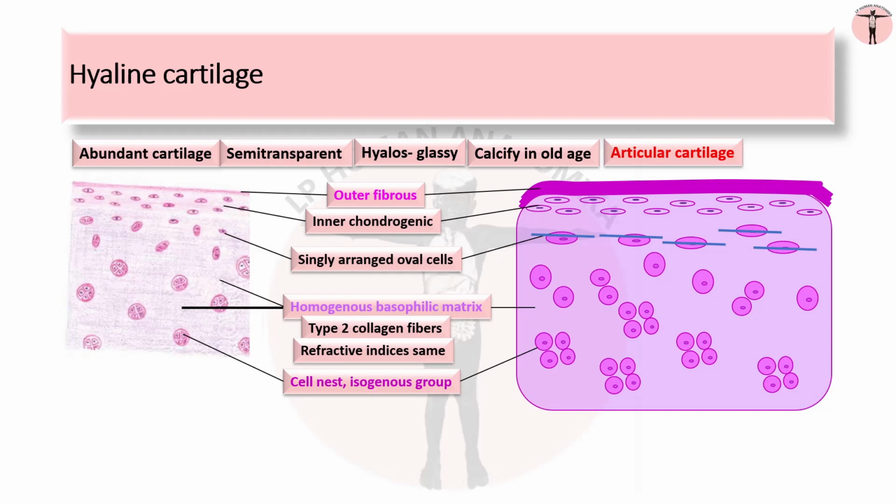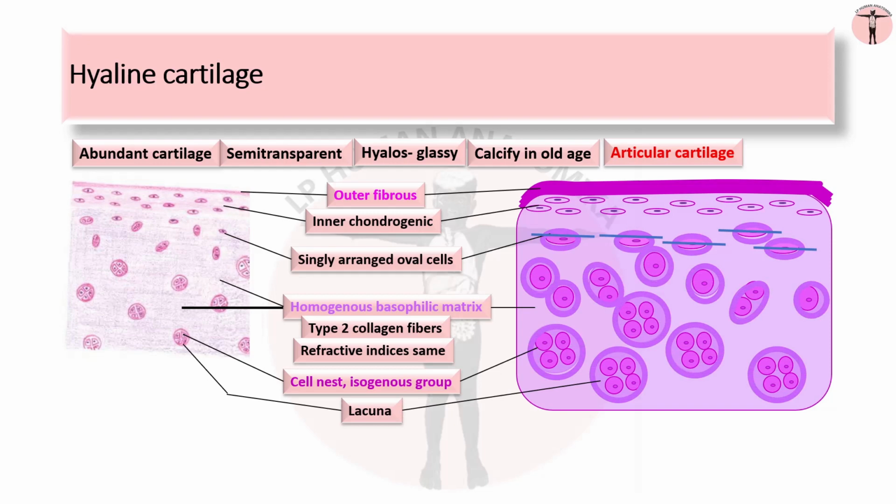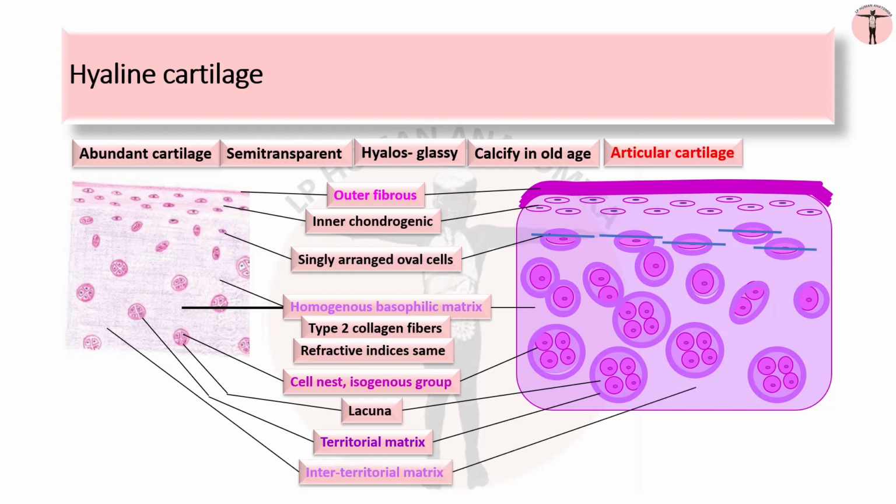Each cell nest contains 2 to 8 mature chondrocytes. All the cells are present in spaces called lacunae. Around the lacunae, the matrix is more intensely basophilic and is called territorial matrix or lacunar matrix. In between the territorial matrix, the matrix is lightly stained, less basophilic and is called interterritorial matrix.